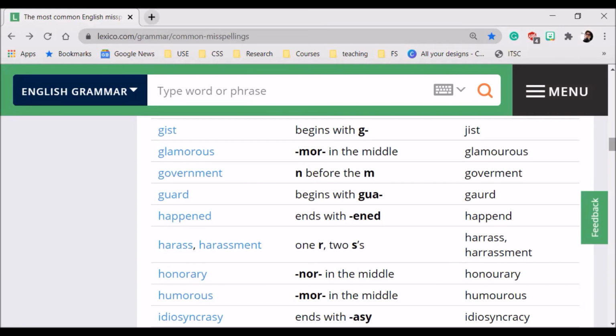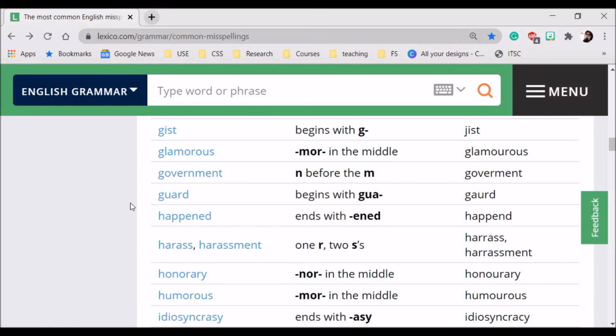Then there was also the word grammar. The grammar spelling is GRAMMAR. I'm a student of English linguistics, but I used to misspell this word for a long time, even when I was doing my English bachelor's. One day I opened my copies and I was like, oh my god, I've been writing a misspelling of grammar itself.